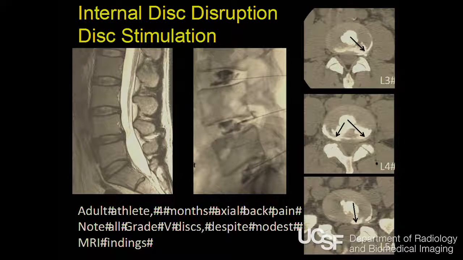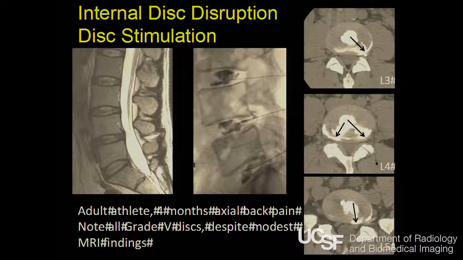Firstly, as those of you that may have performed this procedure know, it's not a very pleasant procedure for the patient. And there are some papers that have come out in the last few years that have shown that accessing the disc, particularly normal discs, can cause accelerated degeneration of those discs. And so many practitioners are not doing discography anymore.